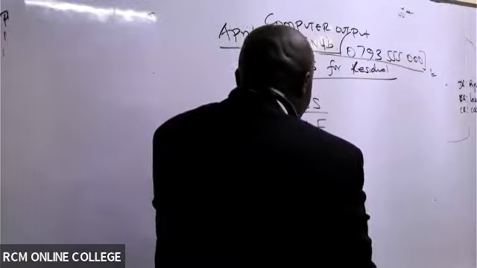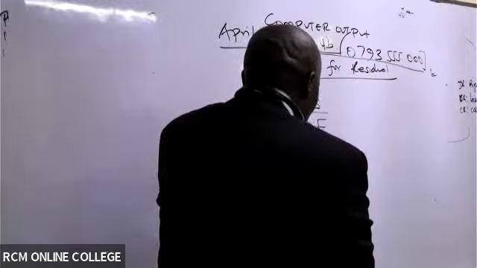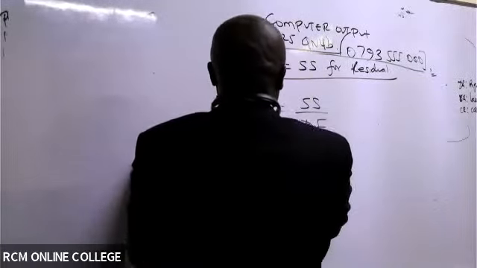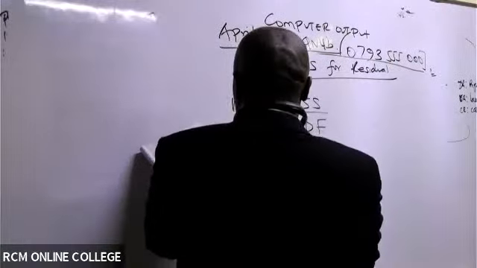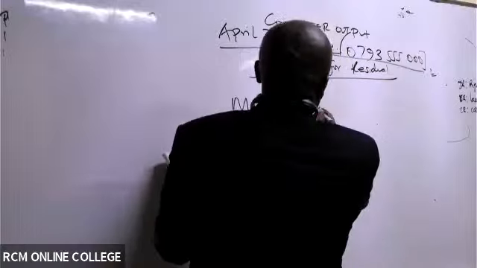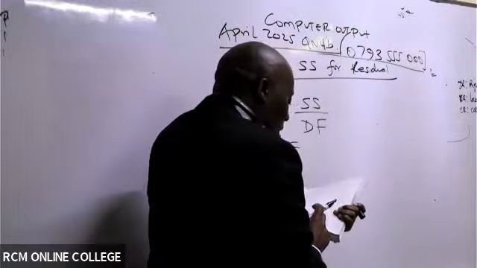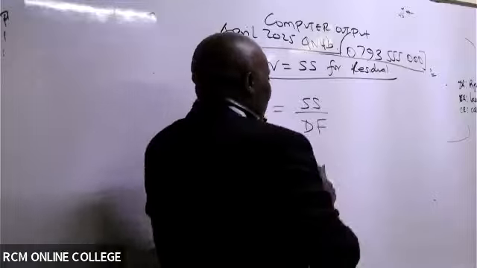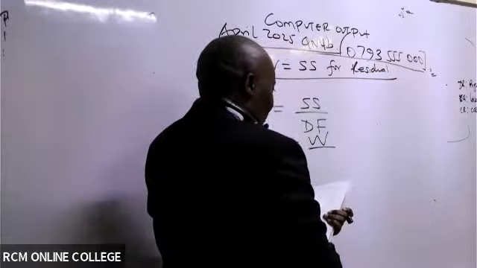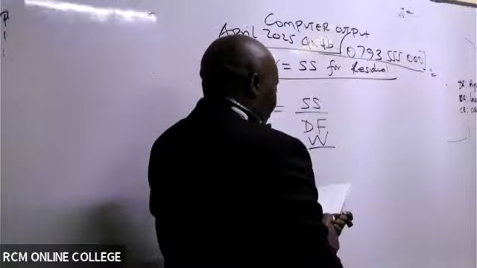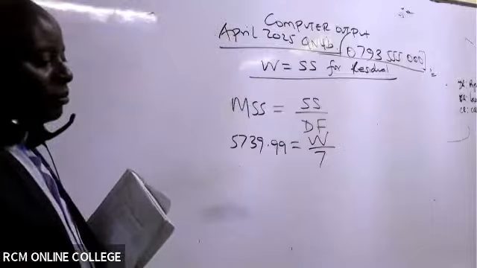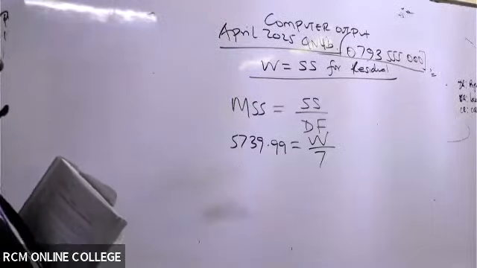So for residual, we know the mean sum of squares is 5739.99, which equals SS for residual, which is not known, which is our unknown, our W, all over degrees of freedom. For residual, degrees of freedom are 7. So now make W the subject of the formula.